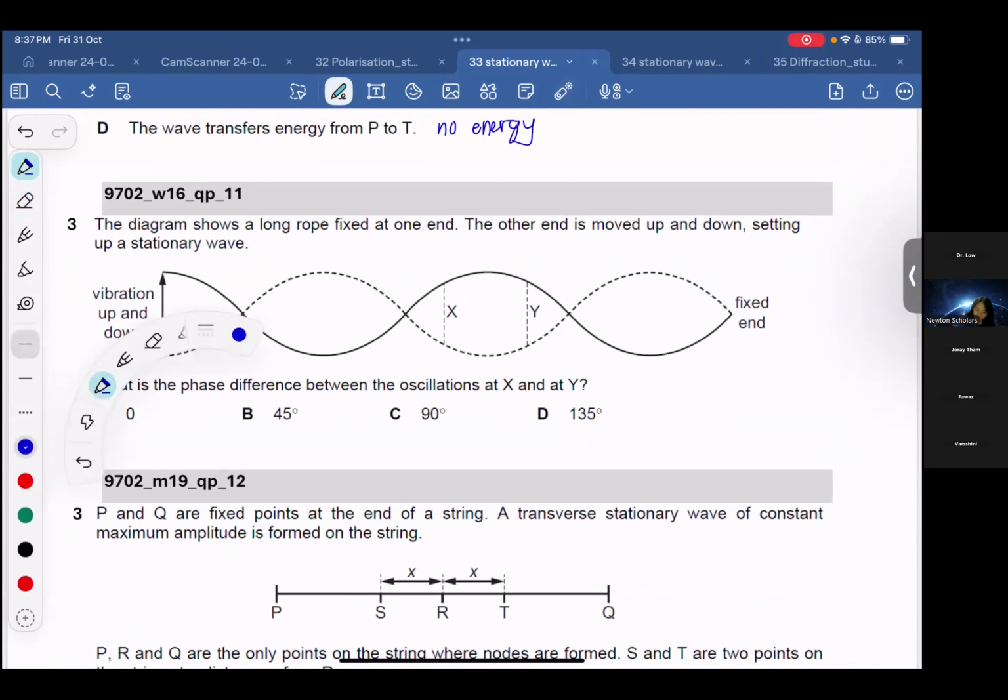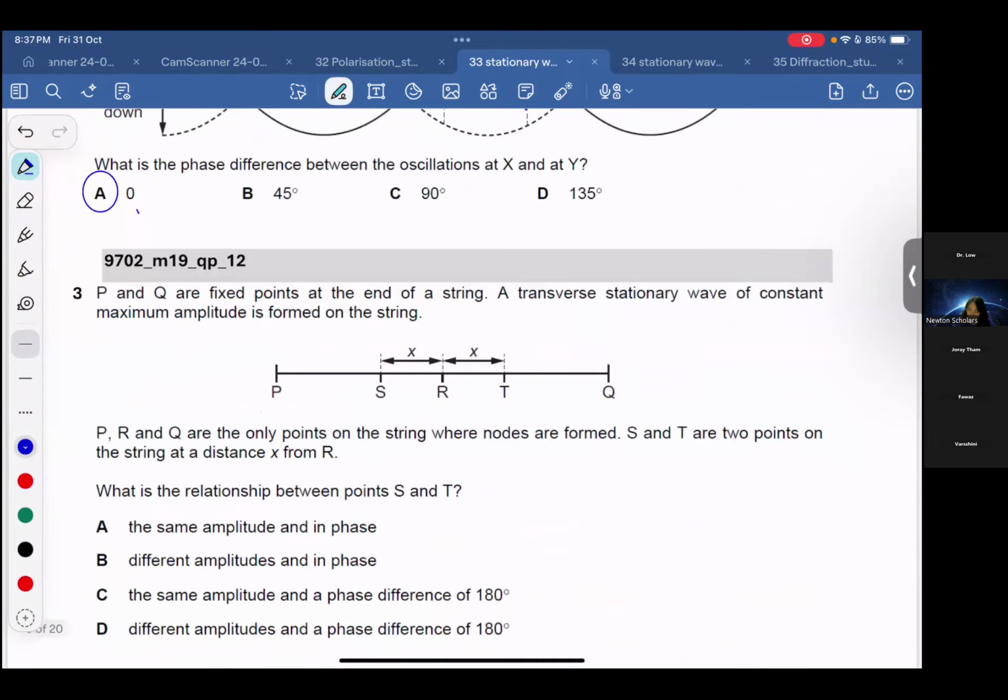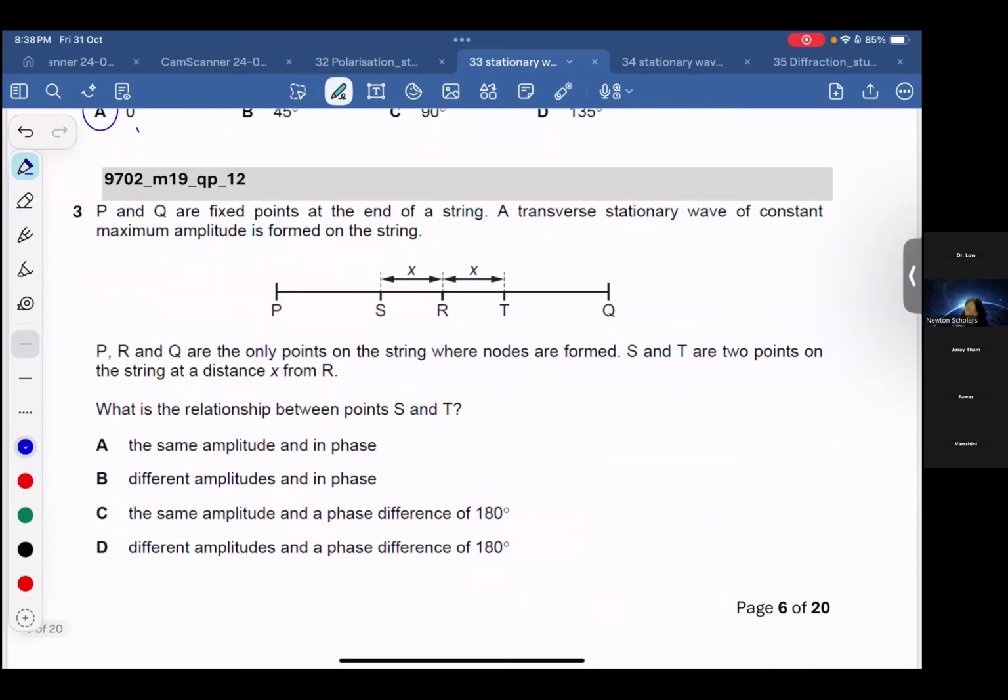The answer is A. X and Y are between node and node, so they were moving in the same direction. So their phase difference is 0. That's all. Can you guys try number 3? Stationary wave again.